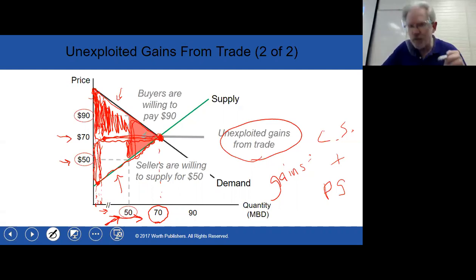If something prevents those last 20 units from being produced, then that potential gain is lost. It's unexploited. We don't get it. And consumers and producers are going to be worse off in this market.